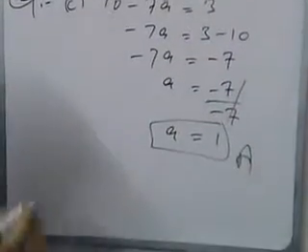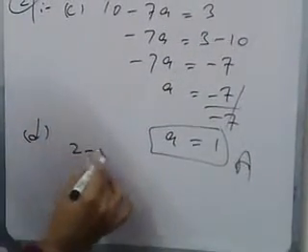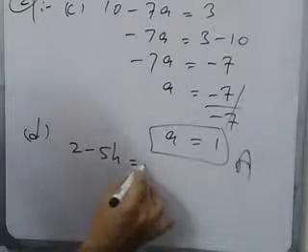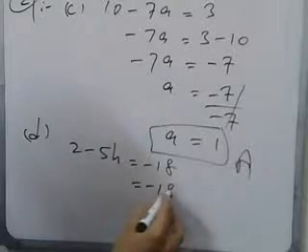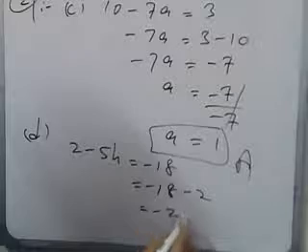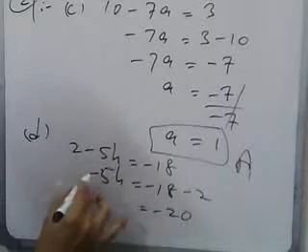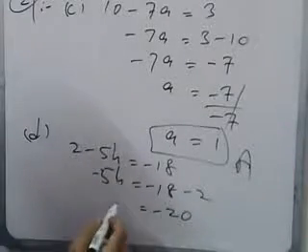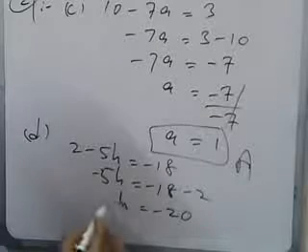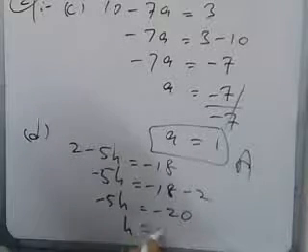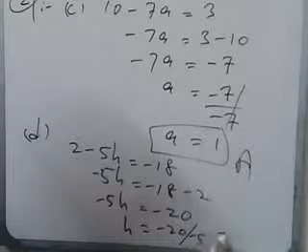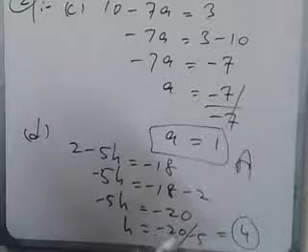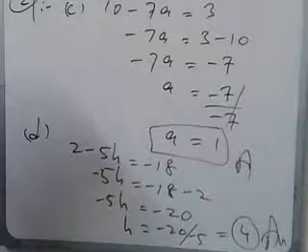Now coming to the D part, 2 minus 5h is equal to minus 18. Minus 18 minus 2, minus 20, minus 5h, so you have to find the value of h. Minus 20 divided by minus 5, you will get 4, because these two minuses will be cancelled with each other, so we will get 4 as result.